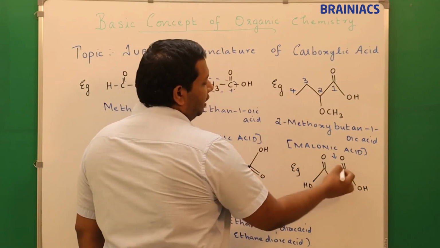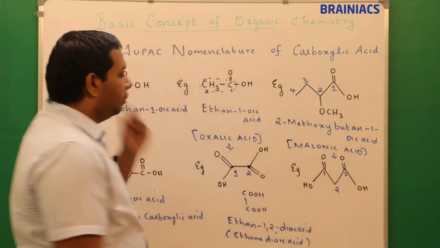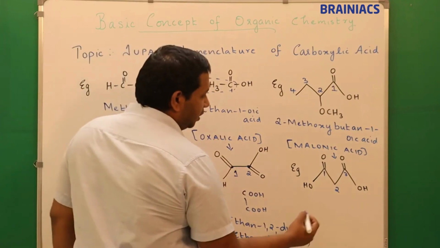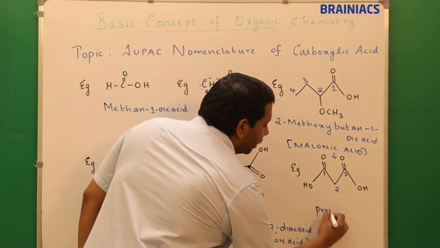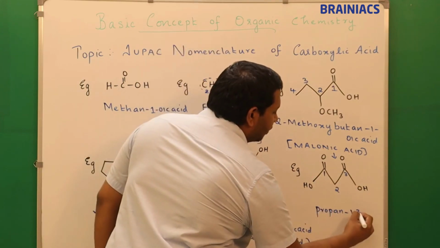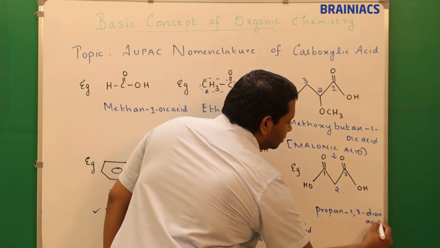If I number it from any side, it remains the same. So 1, 2, 3. Now tell me, how many carbon atoms are there? 3 carbon atoms. So the term should be prop. They are connected by single bond. So propane-1,3-dioic acid. Correct.